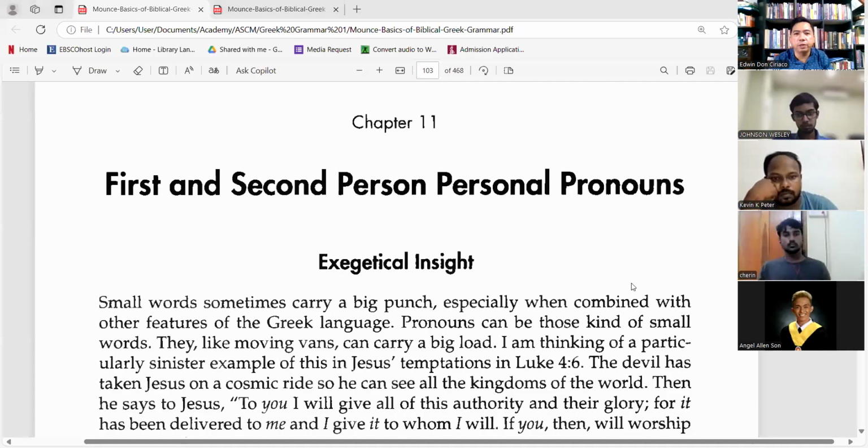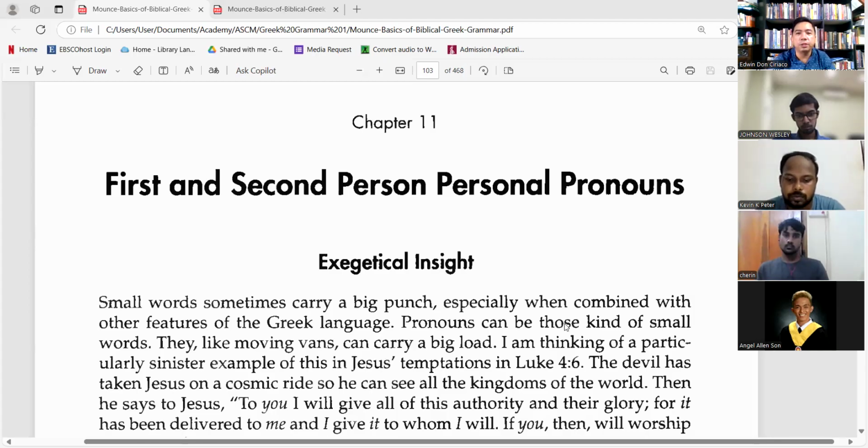Our lesson for today is about first and second person personal pronouns. Notice that the third person pronoun uses autos, and then the other cases: auto, autos, auta, auton.